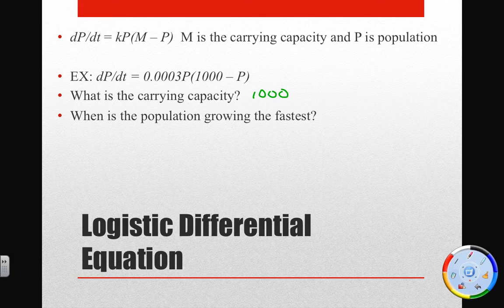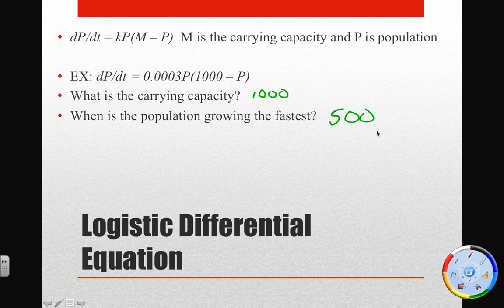What's actually interesting here is it ends up being half of the carrying capacity. So it's actually growing the fastest when your population is at half of the carrying capacity. So if you were at 500.